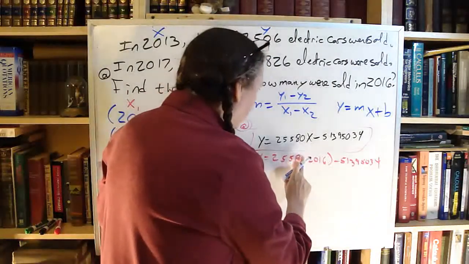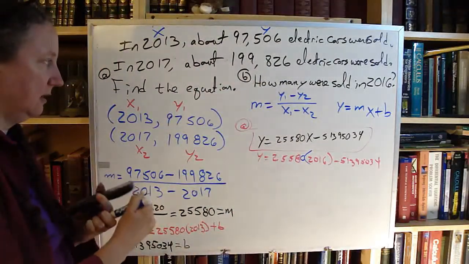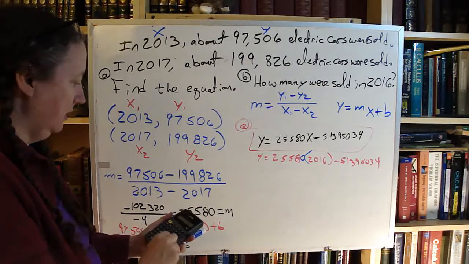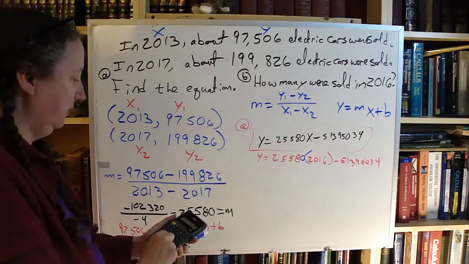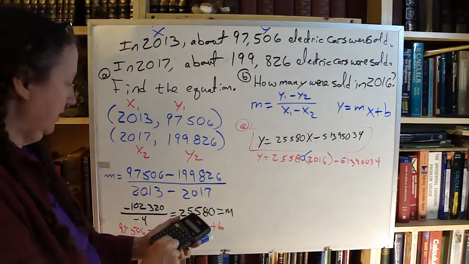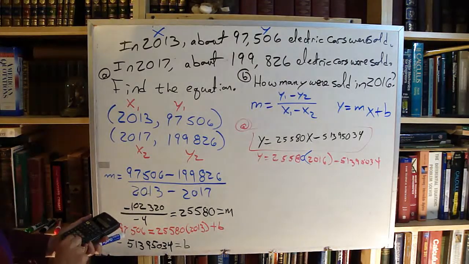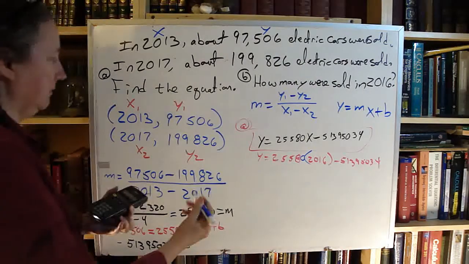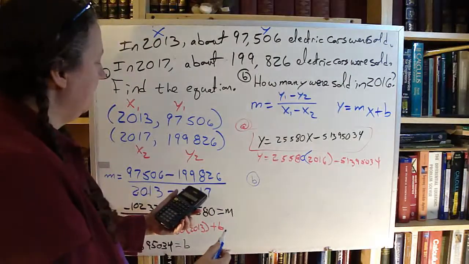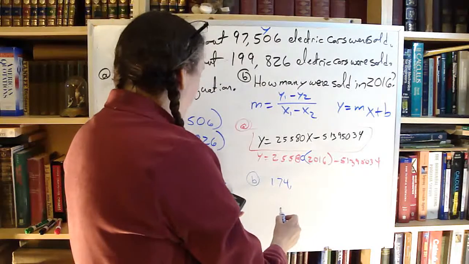I thought I had a mistake somewhere. 25580 times 2016 minus 513,95034 equals. So my answer for B, 174,246.